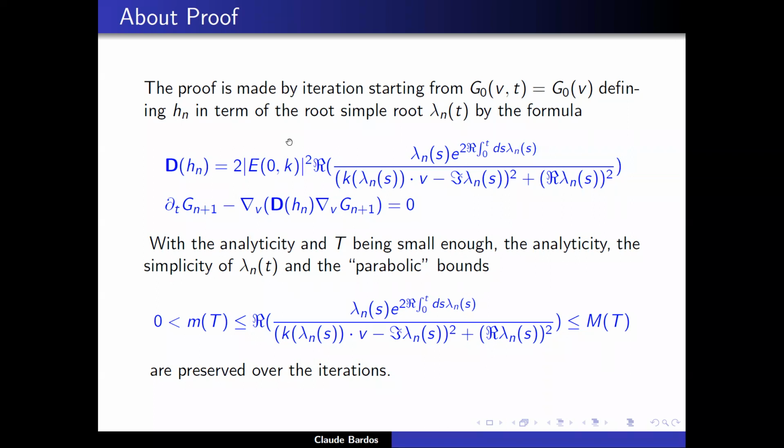The lambda depends nicely on s, and so for short time, the positivity of this quantity is preserved, and I can make this by iteration and prove at the end of the day the existence of a solution g of g_{n+1}, gradient of v of t of g, gradient of D g_{n+1}.